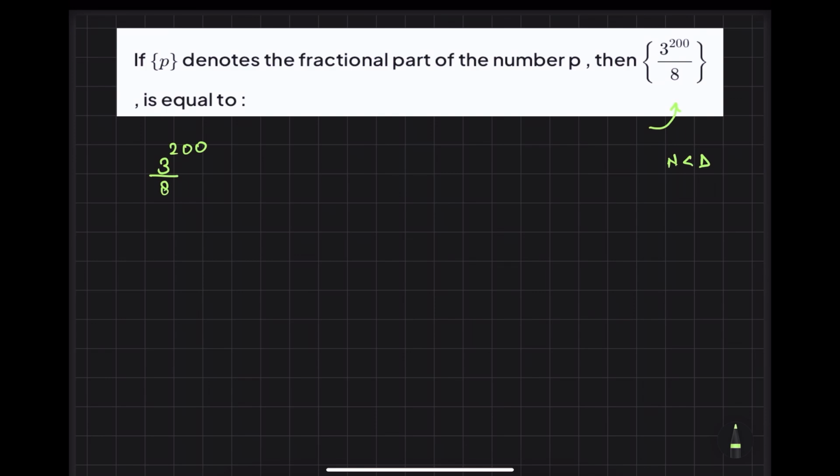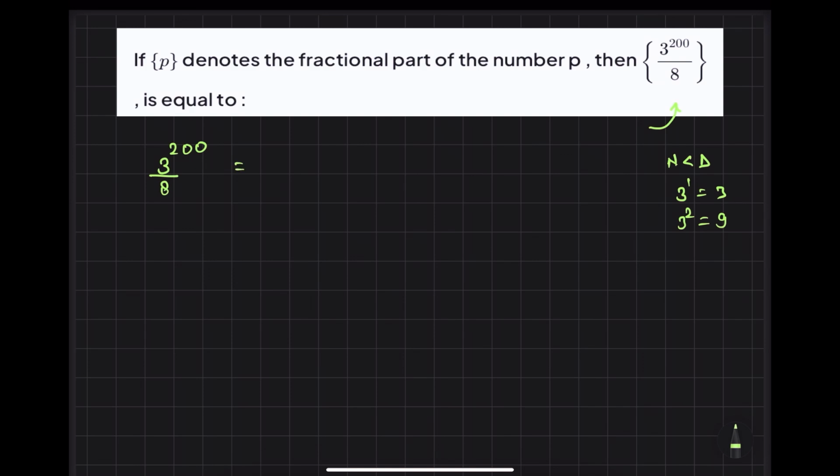We have to start reading the table of powers of 3, and we have to get closer to 8. So 3 power 1, 3 power 2. 3 power 1 is 3, 3 power 2 is 9, and 9 is very much closer to 8. So we have to take power 2.